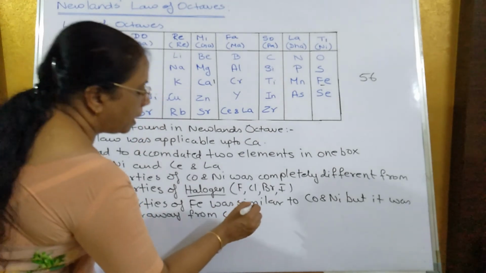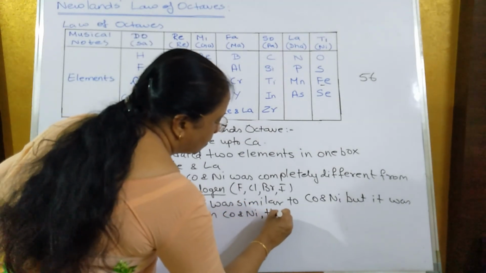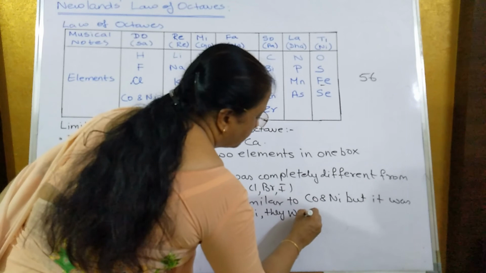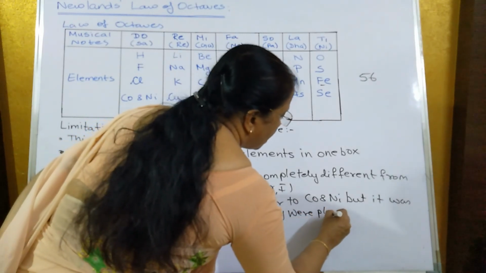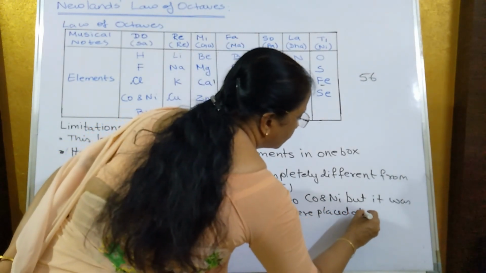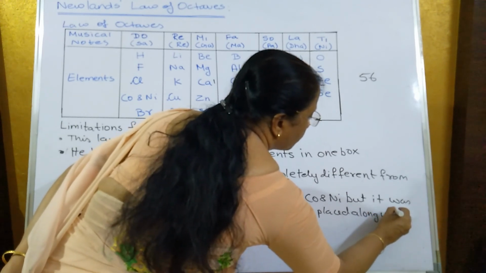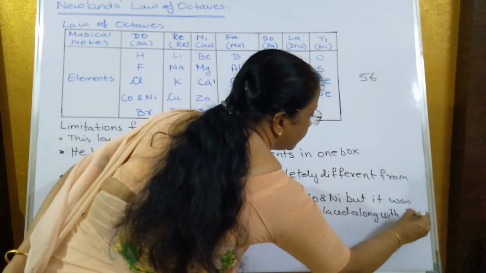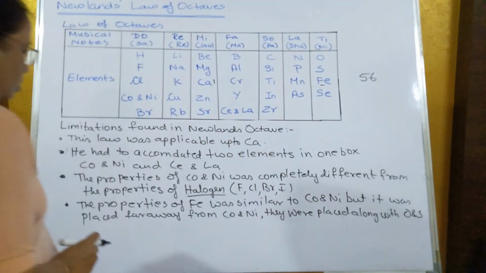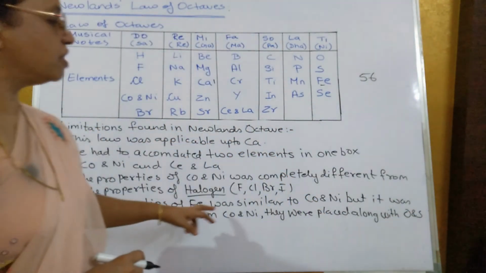They were placed along with oxygen and sulfur. So the properties of iron were similar to cobalt and nickel.